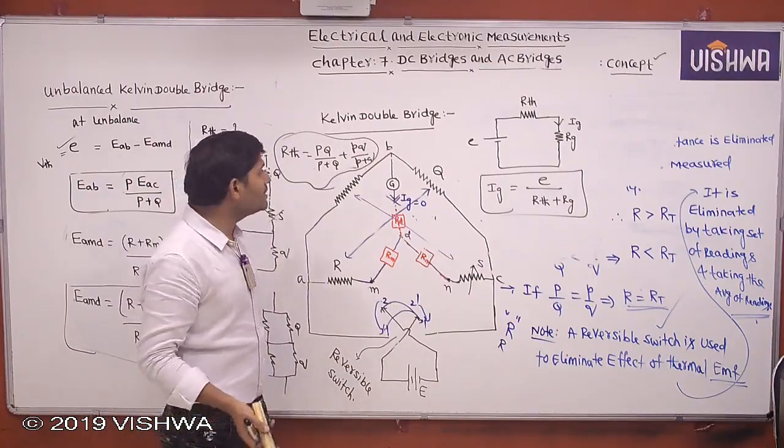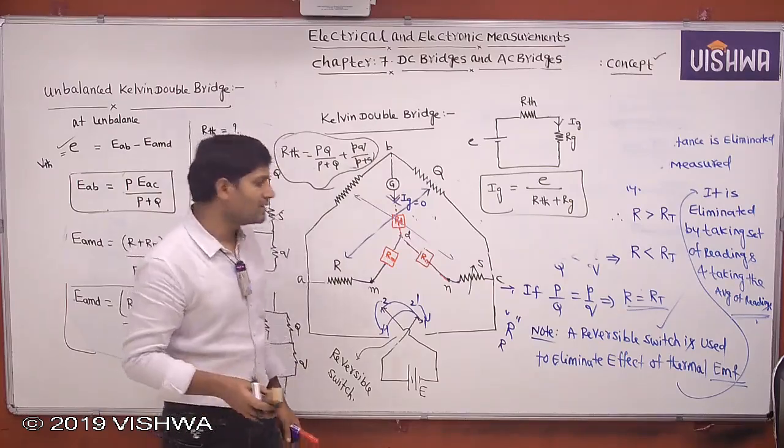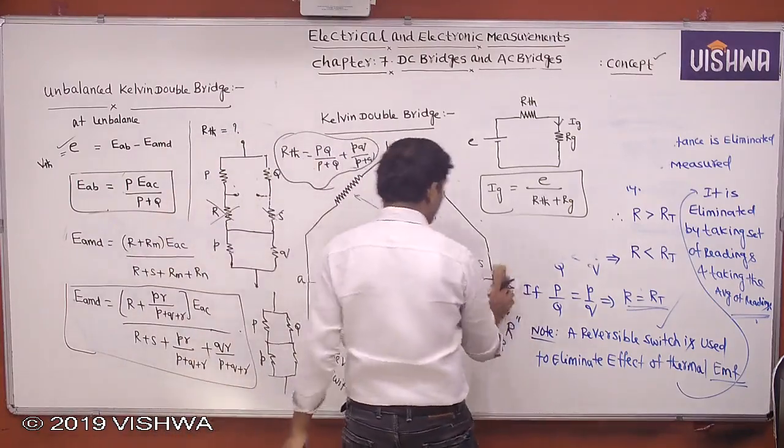Then what is the analysis of the Kelvin double bridge under unbalanced condition? These formulas you know.